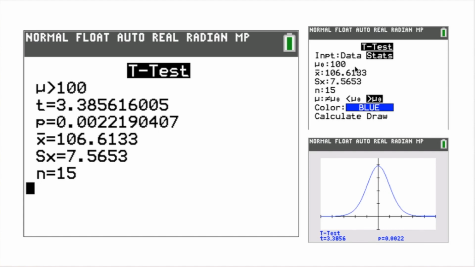You also enter information about the hypothesized value of the population mean, and then you select what the alternative hypothesis is. Based on that information, we've got the results of the test here in the leftmost panel. And we see here that the p-value for the test is 0.0022.